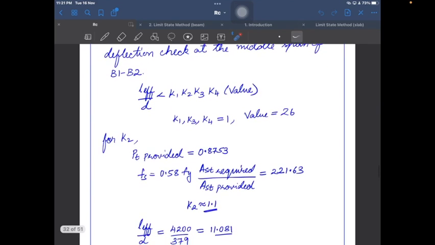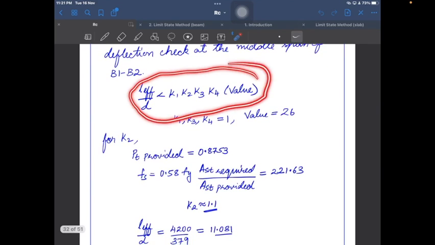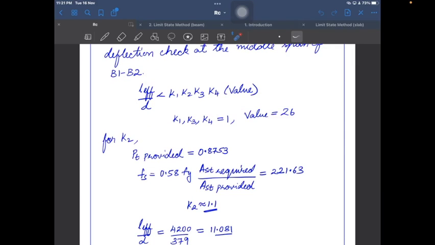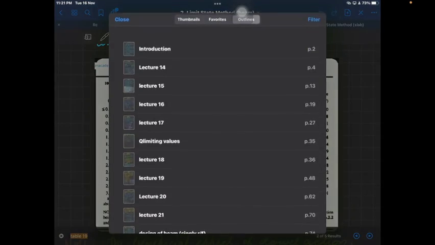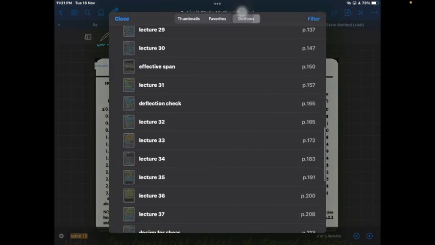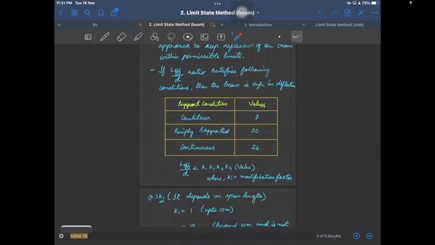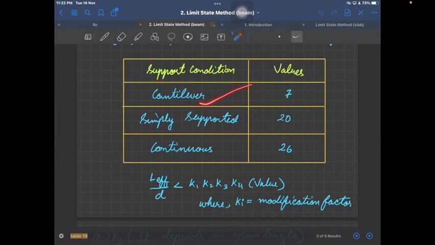The deflection check is done by this thing, which is the same as for slabs, as I told you in the slab video: L effective by D should be less than K1, K2, K3, K4 and a value. This value depends on the beam type. For cantilever beams it is 7, for simply supported it is 20, for continuous it is 26.